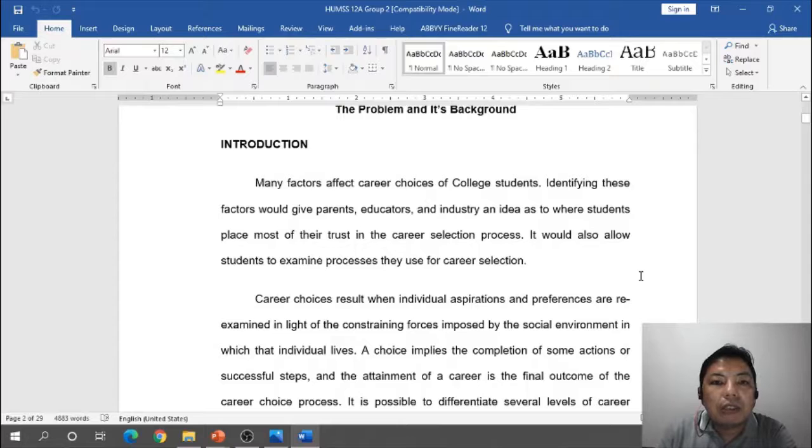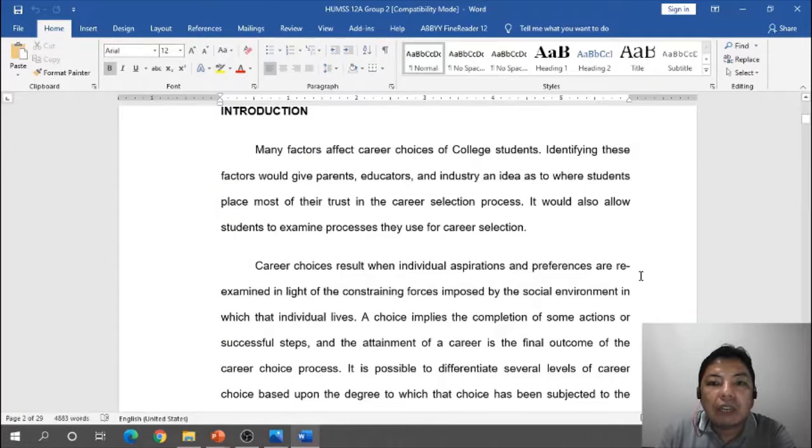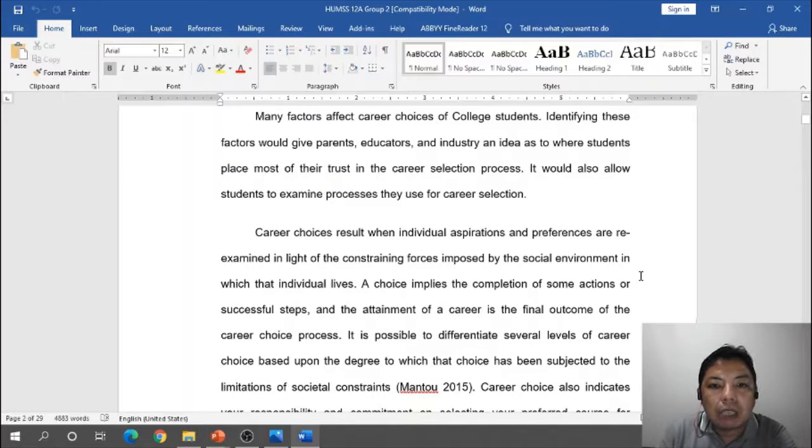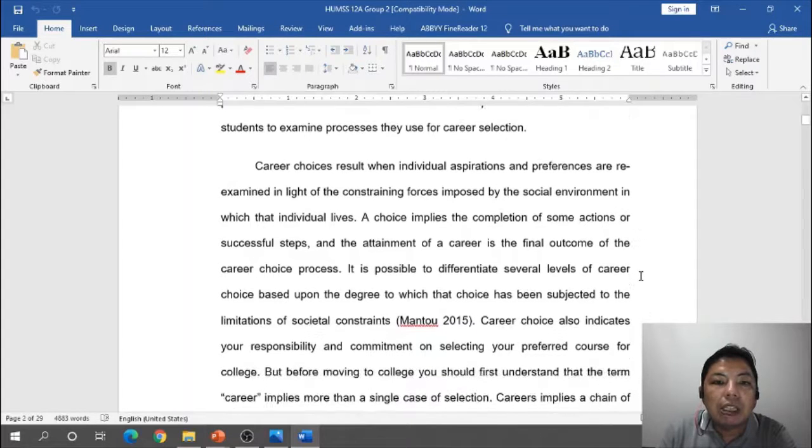So let's start. Introduction. Many factors affect career choices of college students. Identifying these factors will give parents, educators, and industry an idea as to where students place most of their trust in the career selection process. It would also allow students to examine processes they use for career selection.